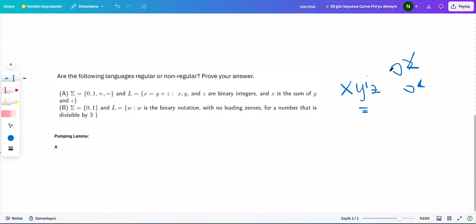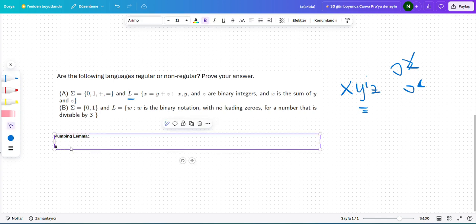If all of these word combinations are in your language, your language is regular. If there is some problem or mismatch between your language and your word, it is not regular. You will understand better when we start solving questions.